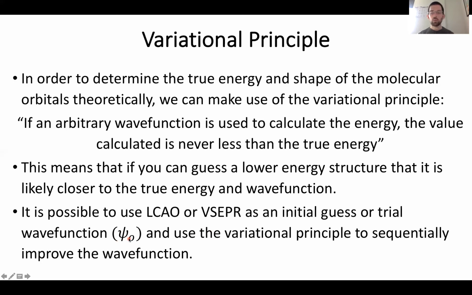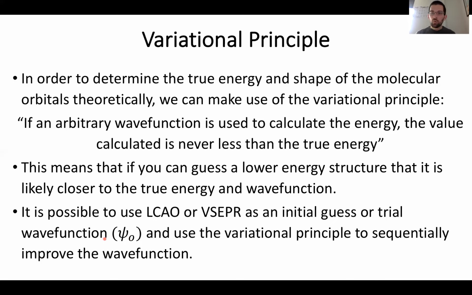So every time that I guess a new one, the energy goes down. That's my new guess wave function. I'll keep doing this until I can't get a lower energy. This is actually what drives a lot of the theory that we've been using in lab. And so, as you can imagine, the variational principle becomes quite important in the practicality of trying to describe what systems really look like.